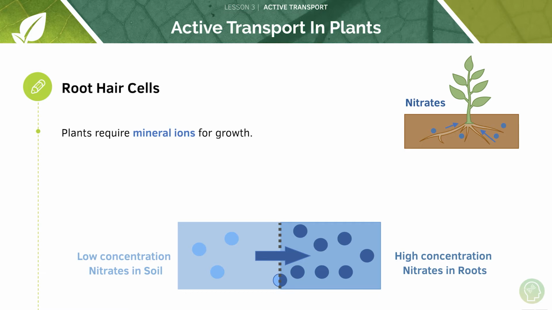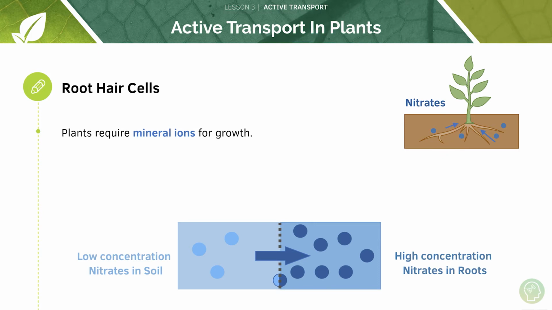If there's a higher concentration in the actual root hair cell compared to the surrounding soil, that means we're essentially moving substances from a low concentration outside the root hair cell to a higher concentration in the root hair cell.